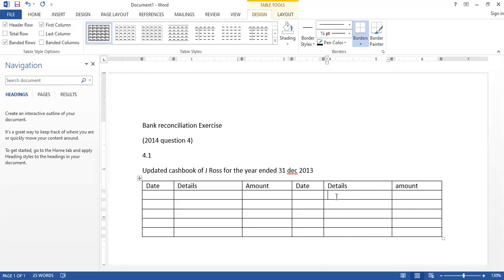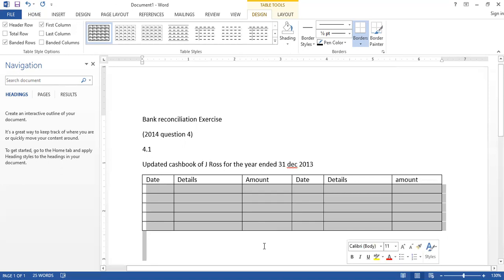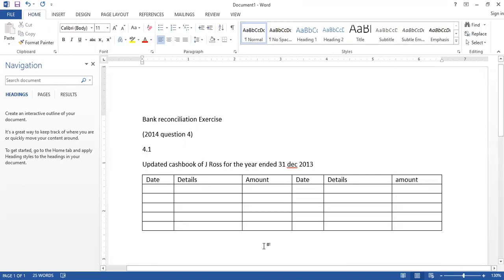When you record it, you do not record it as a carried down, but as a brought down. You should always record the balance as a brought down.